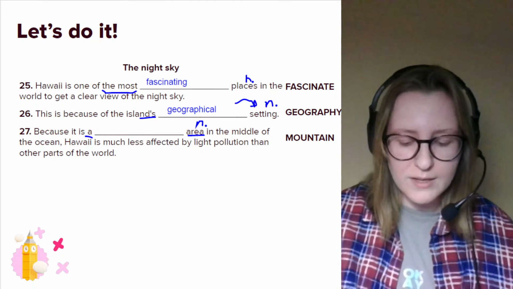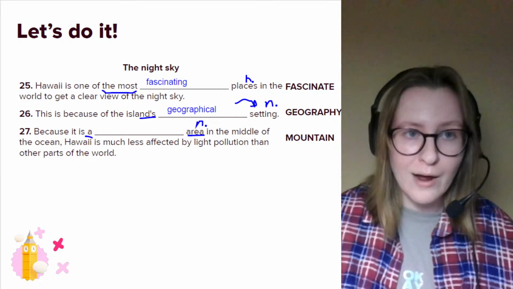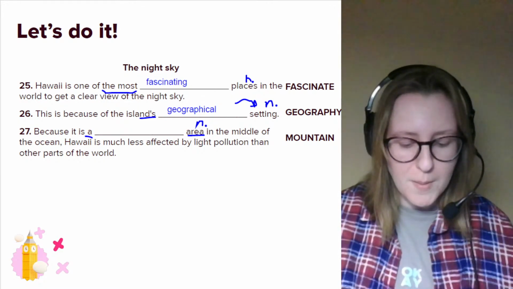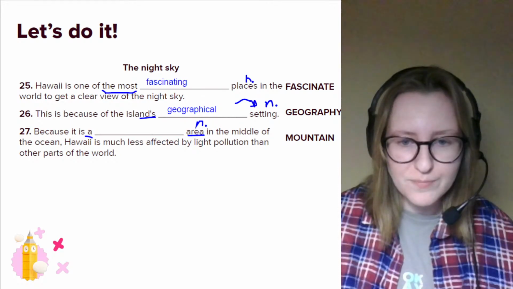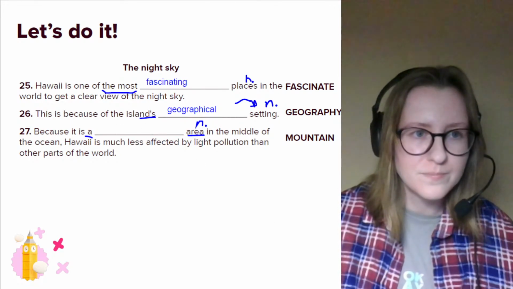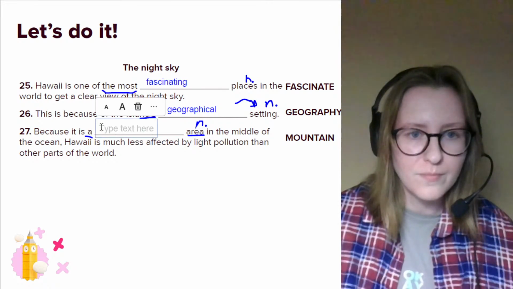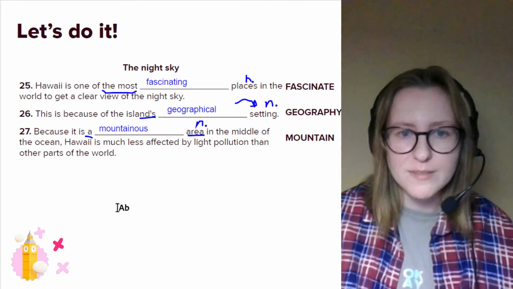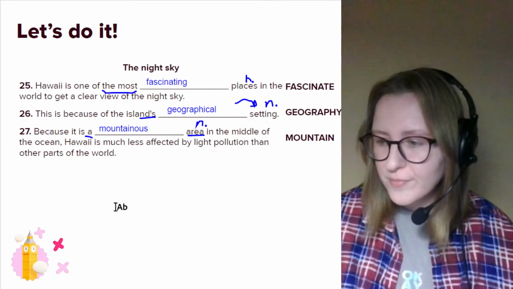That's the only thing that can be between a noun and an article. Mountainous. That's the adjective we're looking for. Here we go. Mountainous. All right?